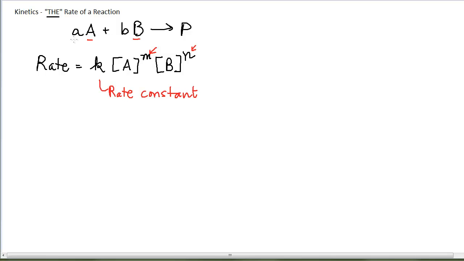This power is not the stoichiometric coefficient. Notice I did not write little a and little b. m and n are called orders of the reaction, and they have to be determined experimentally. But what we find is all reactions follow this pattern, again with just a few variables. Now what we find for these orders is that typically they are either 0 or 1 or 2.